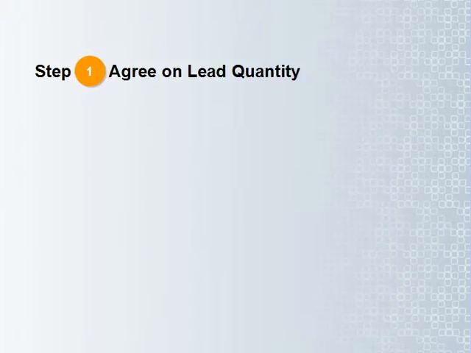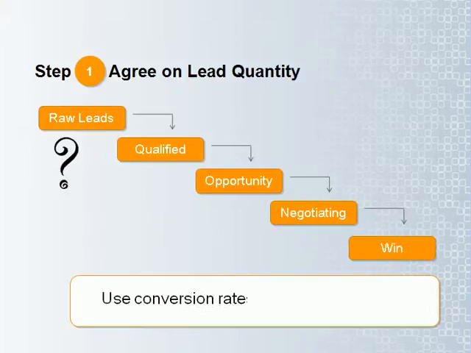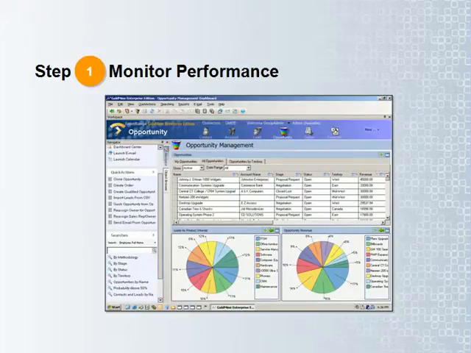Once quality has been defined, the task force must agree on the volume of leads required to sufficiently fuel the sales funnel. Quantity can be methodically determined by calculating conversion rates at each stage of the selling process. Quantity requirements may fluctuate as a function of quality.